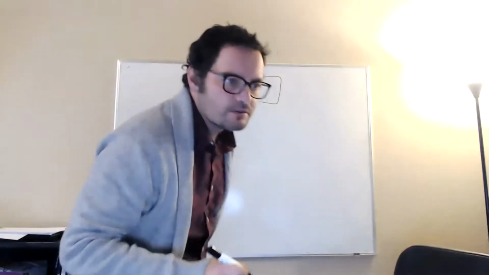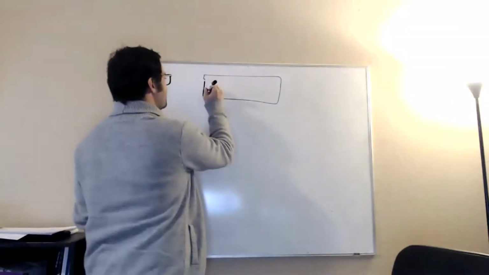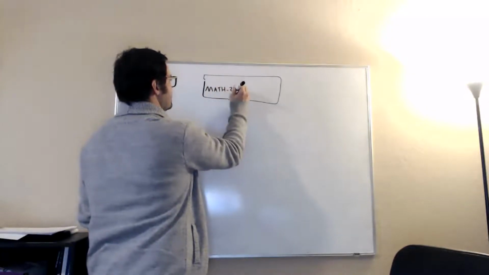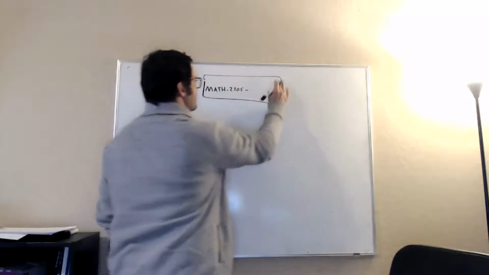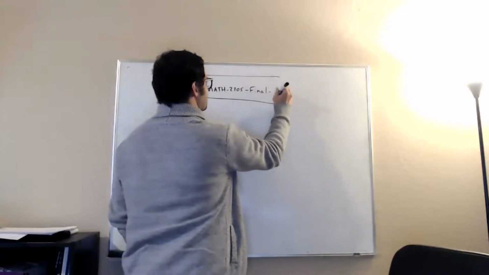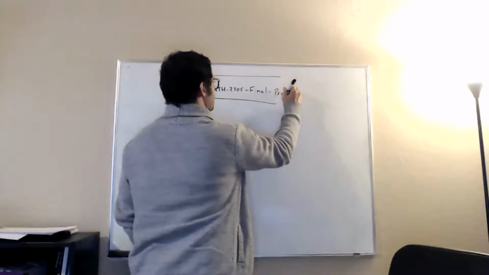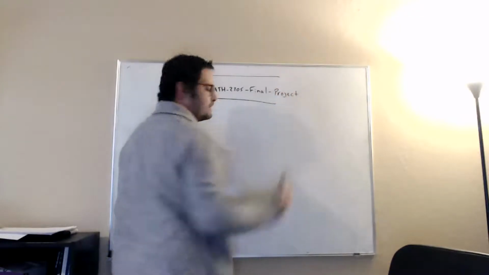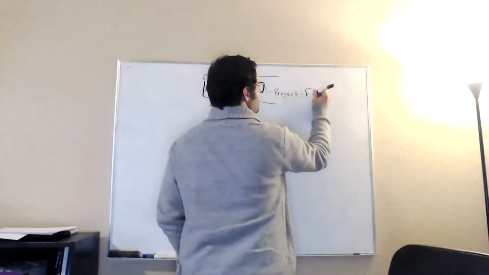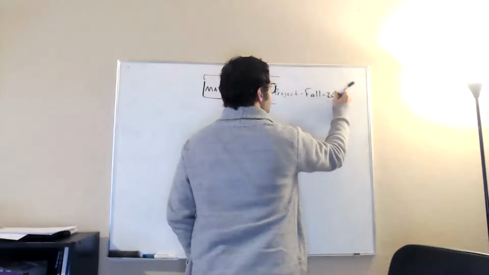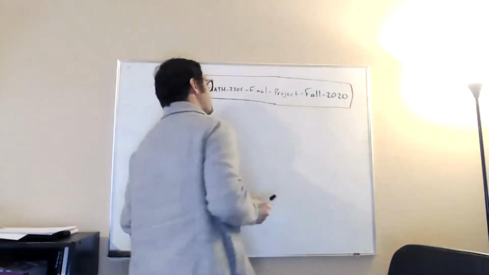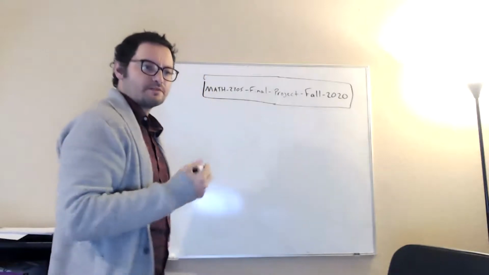And I forget what I called this, maybe math 2305 final project, and then maybe fall 2020. So this should be the name of your main directory. Okay, and this is your project folder inside of Spider.